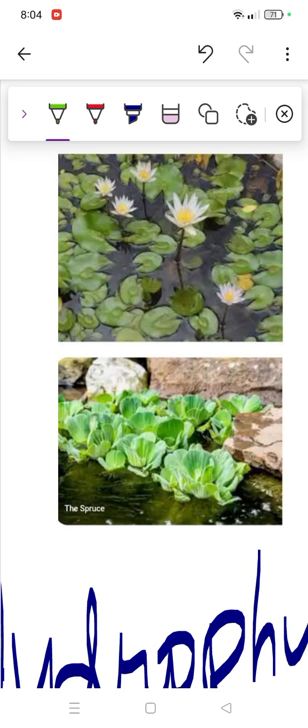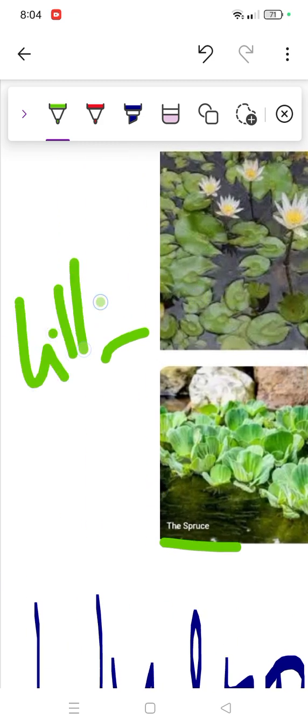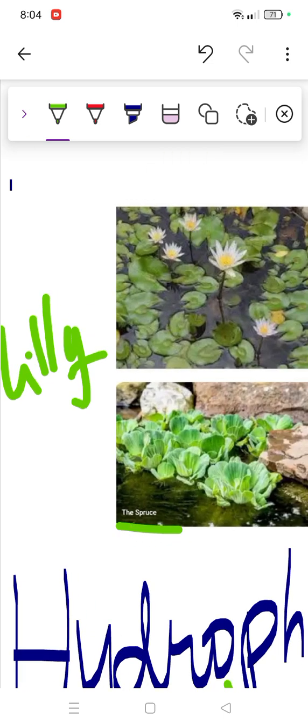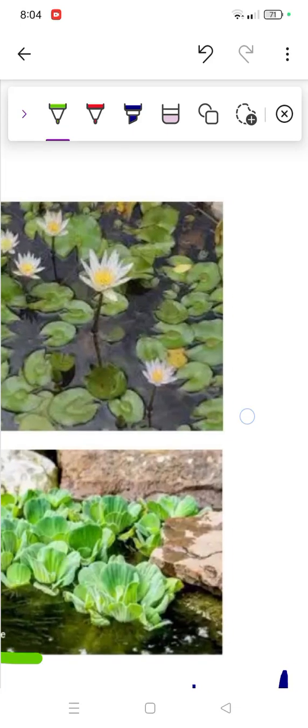Let me show you the picture which I've added. Here comes the picture. These are a kind of lily plants, if I'm not wrong. No, this is not hydrilla, this is a water lily. You can see the flowers are quite big and broad.